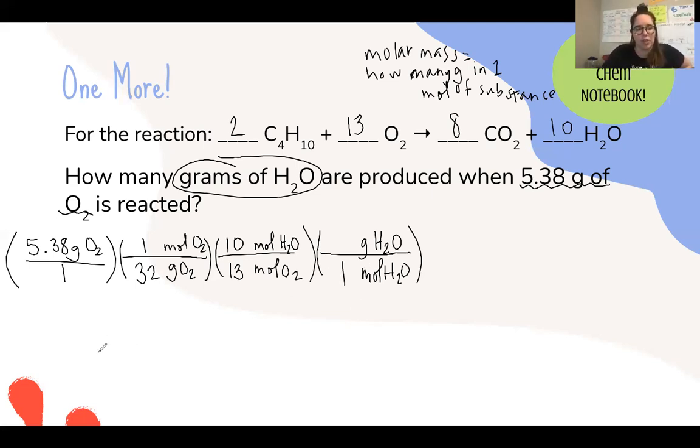So here we have 2 times 1.01, because we have 2 atoms of hydrogen, plus 16, because we have 1 atom of oxygen. So we do 2.02 plus 16, and we get 18.02 grams of H2O.